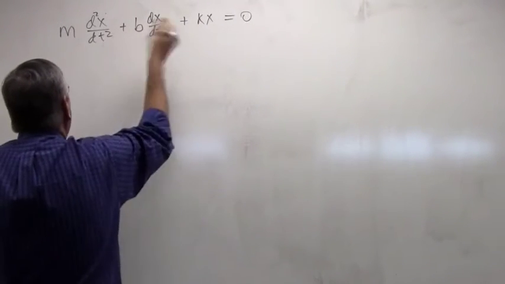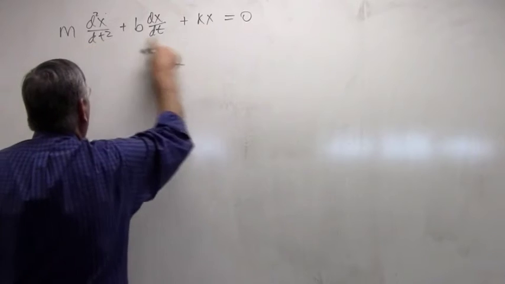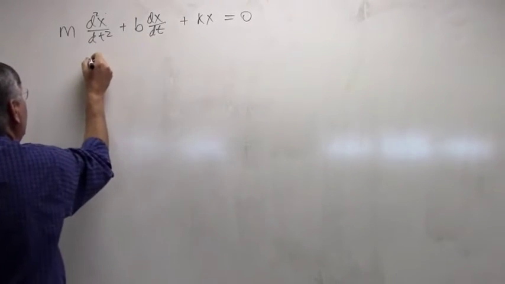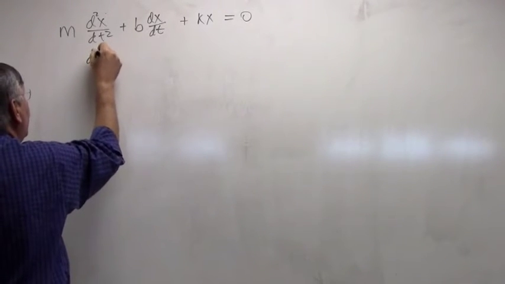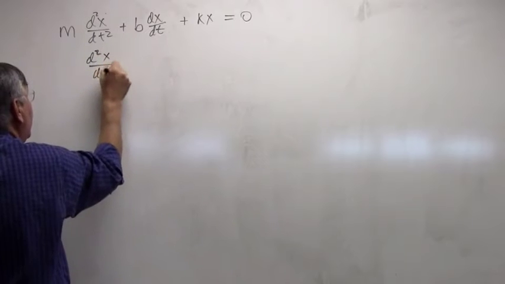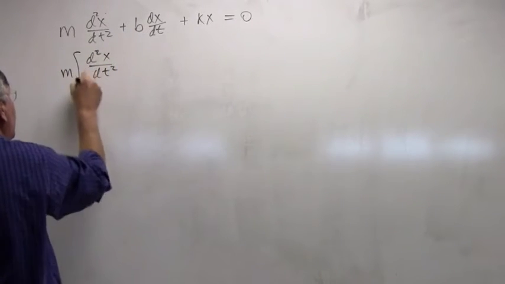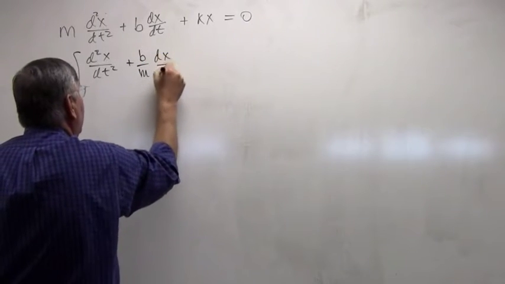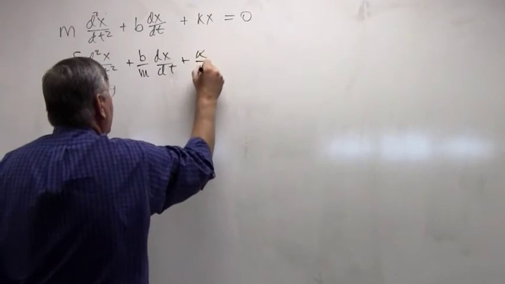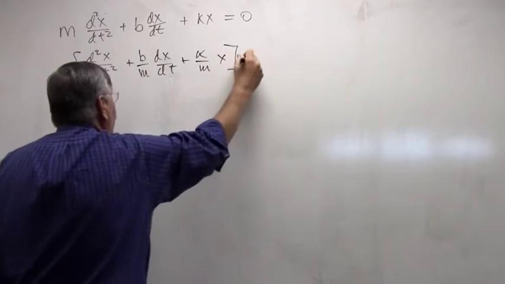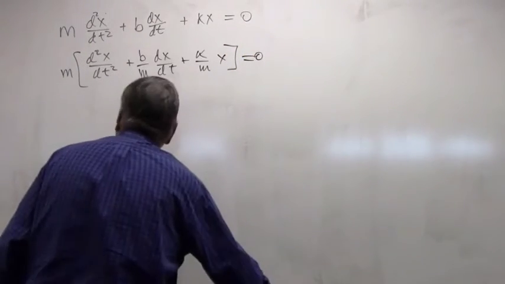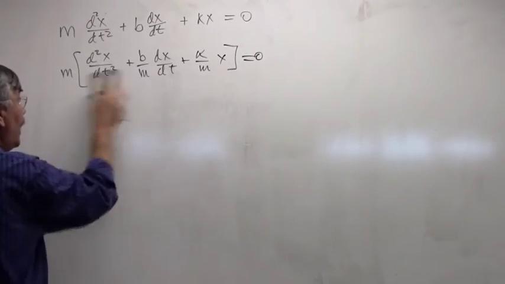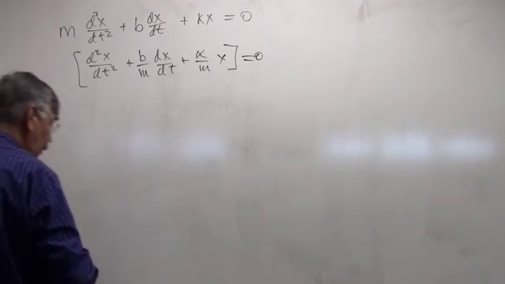I don't like this form. It's okay, but I would like to divide through by the m, which gives a slightly varying form that is convenient. This will be b over m times dx/dt, and this will be k over m times x. This is still equal to 0. The mass is non-zero, so I can just divide by m and get rid of it.